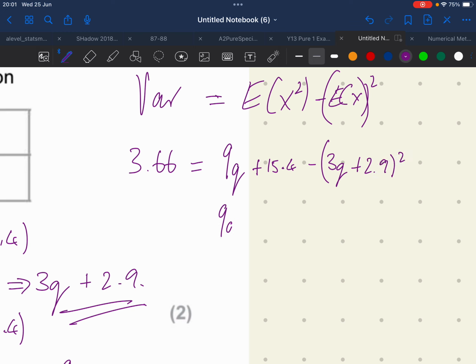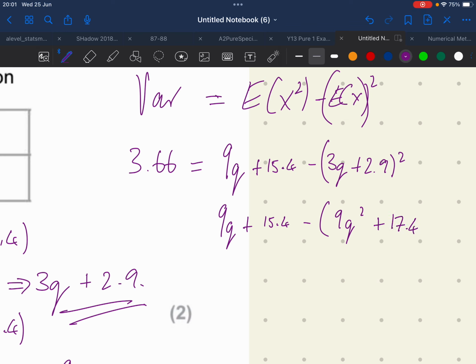Okay, so that's a 9Q plus a 15.4 minus, let's put it in brackets, so 9Q squared. So 2.9 times 3 and then times it again. So that gives me 17.4. Is that right?